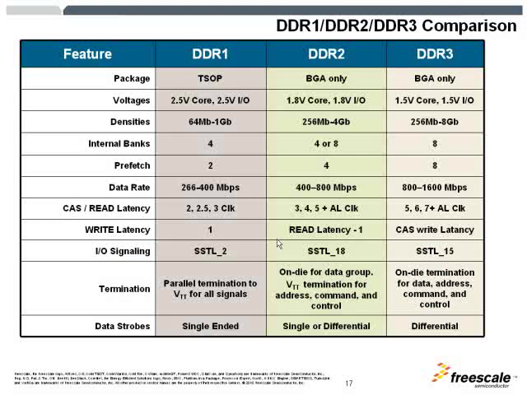The prefetch values have increased. The data rate has increased. Read latencies or CAS latencies also increased. The write latencies have also increased, but they've changed from DDR2 to DDR3 in a different manner that you may want to make a note of.